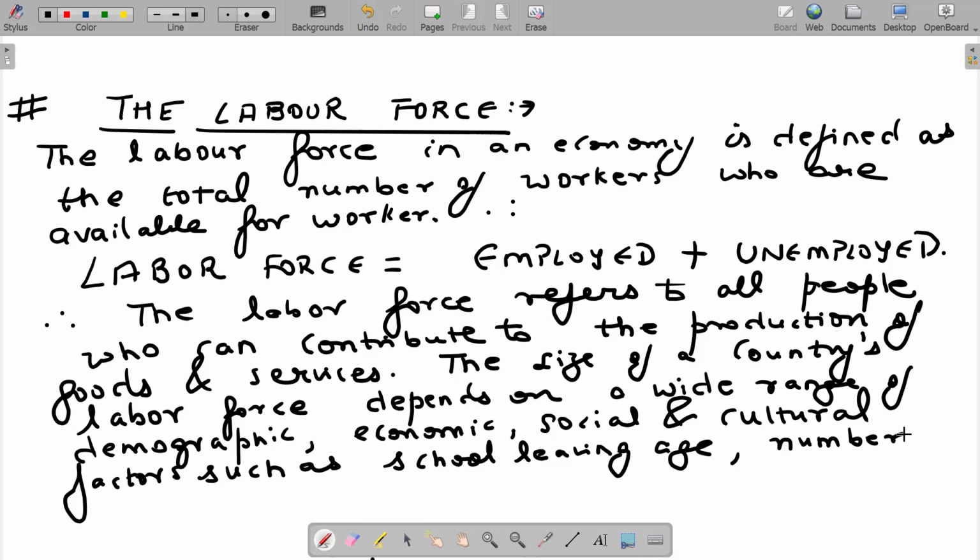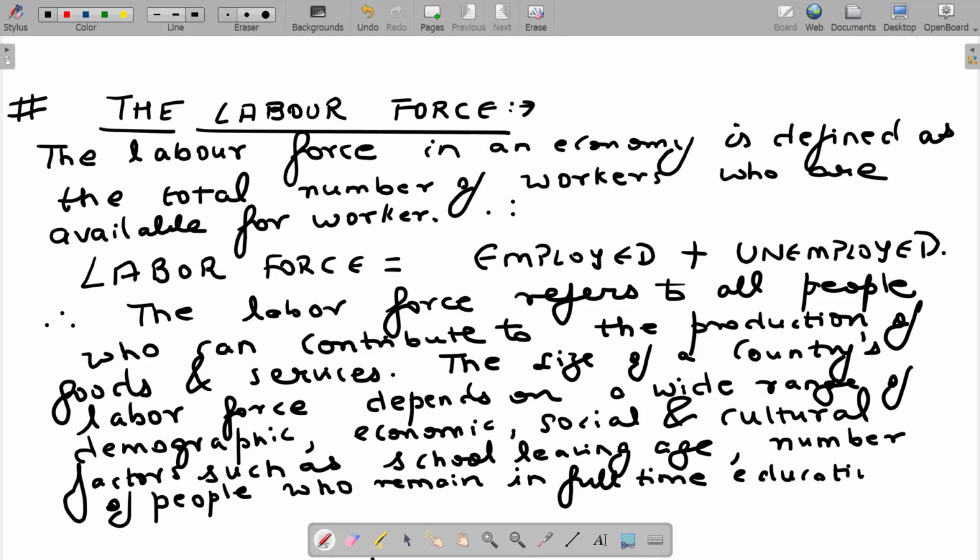Some people then further go to do a master's for 1 or 2 years. Then some people also prefer to go into further research and do a PhD for 5 to 6 years. So I can say the number of people who remain in full-time education, not part-time, full-time, above the school leaving age.